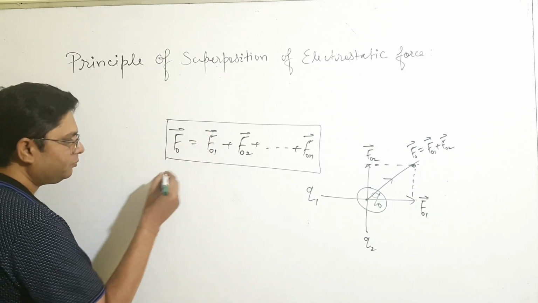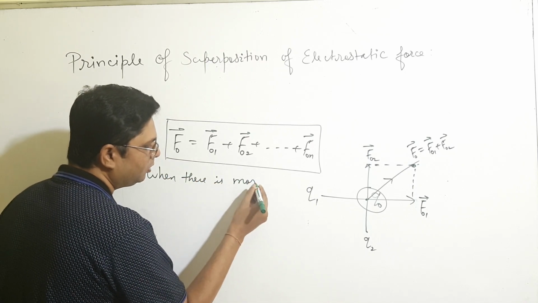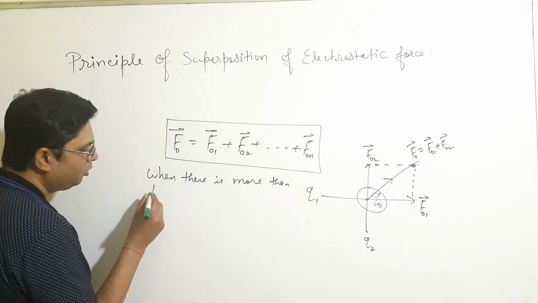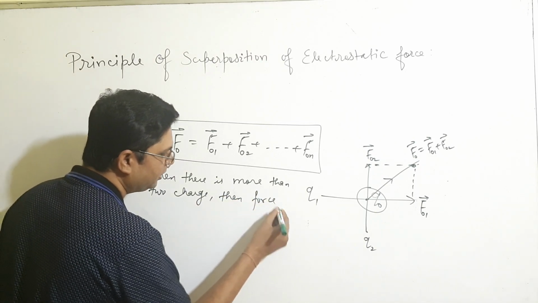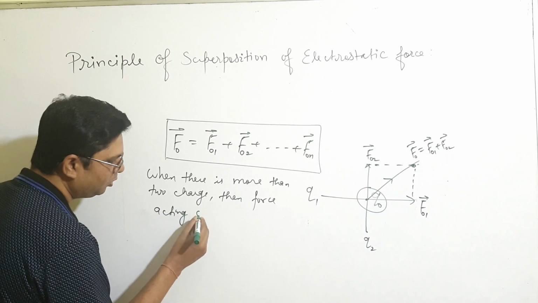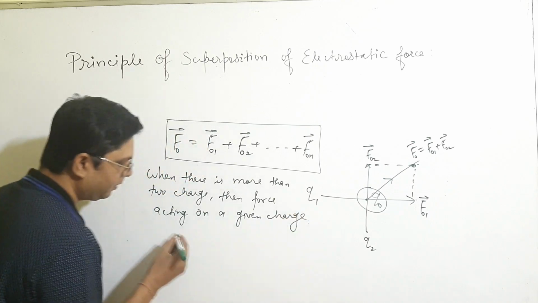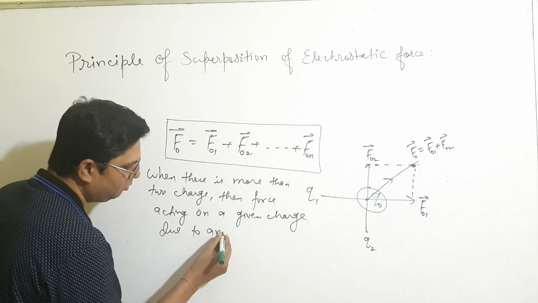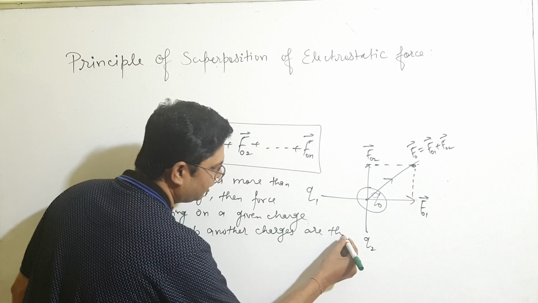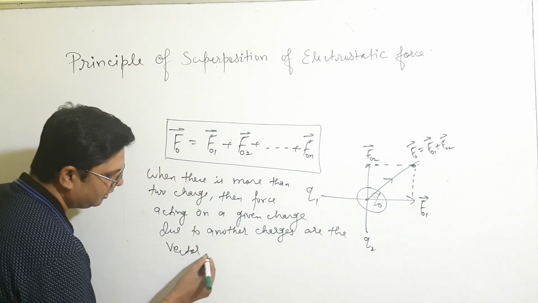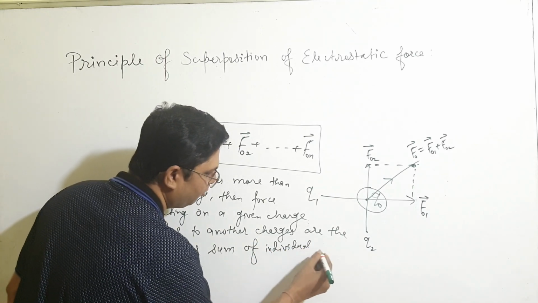This means that when there are more than two charges, then the force acting on a given charge due to the other charges is the vector sum of the individual forces.